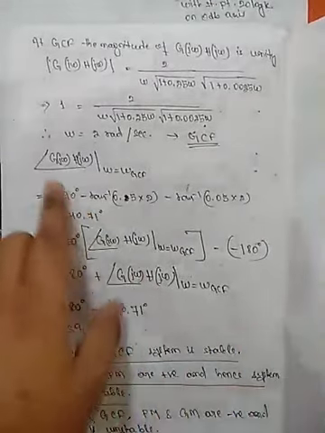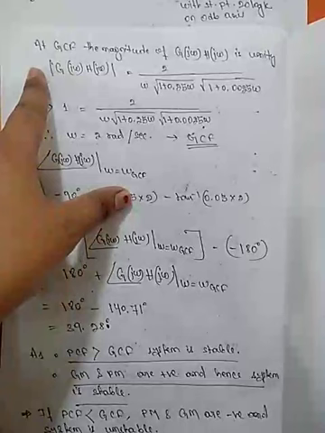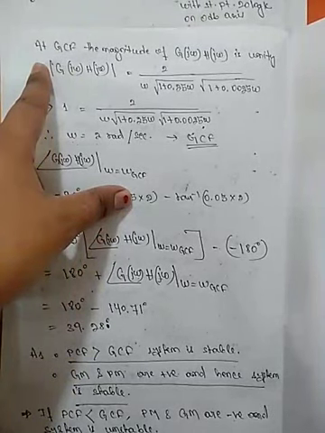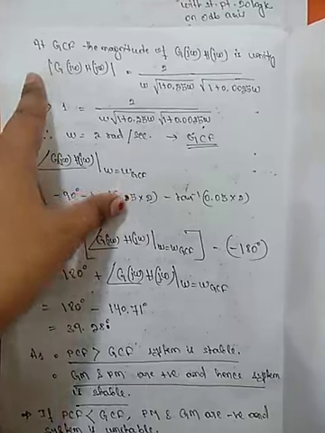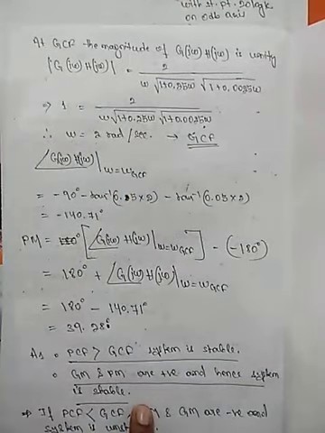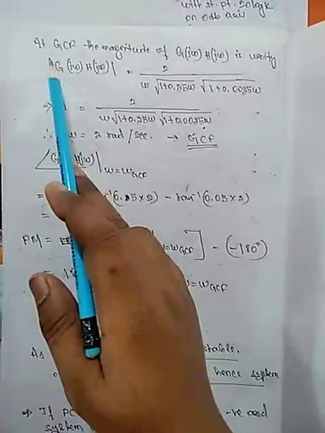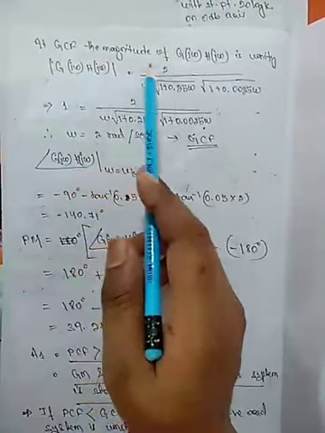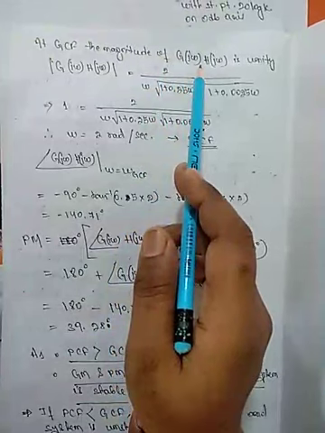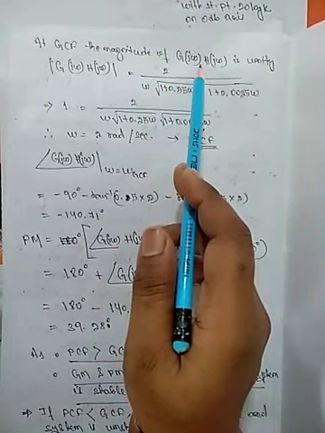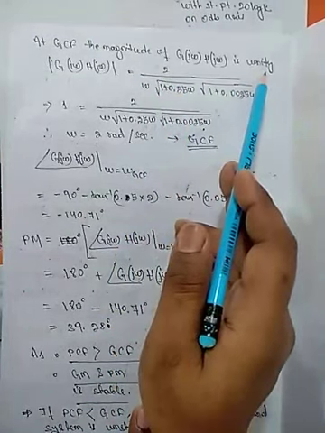Next, we calculate the gain crossover frequency and phase margin. What is the gain crossover frequency? At the gain crossover frequency, the magnitude of G of j omega, the open loop transfer function, is unity.